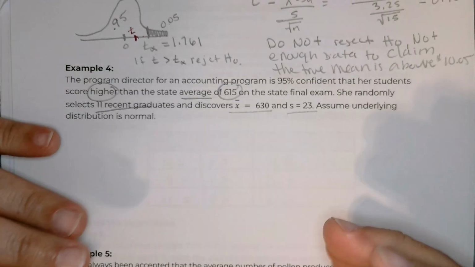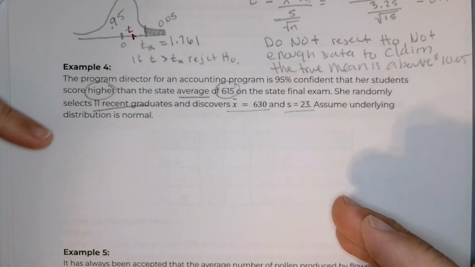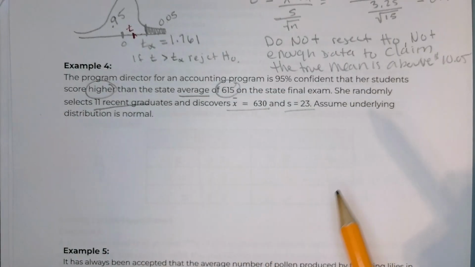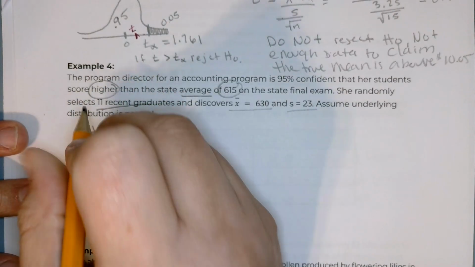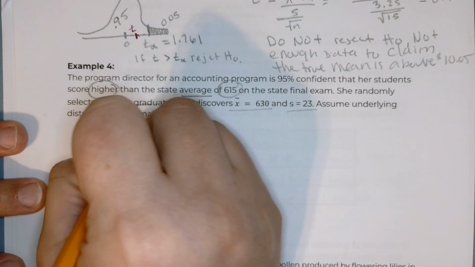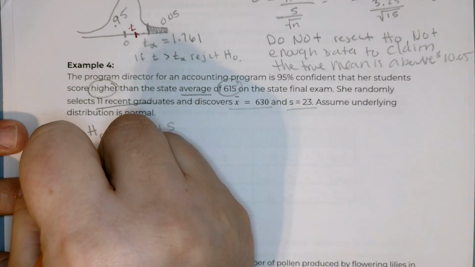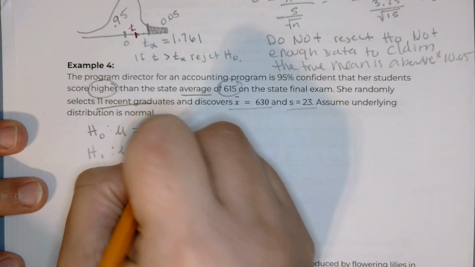So here we have another one where we're assuming that it's normal. We have a small sample size, but because we're assuming that it's normally distributed, we can use the T distribution. So our null hypothesis is that the average is equal to 615. But our alternative is that the average is actually greater than 615.